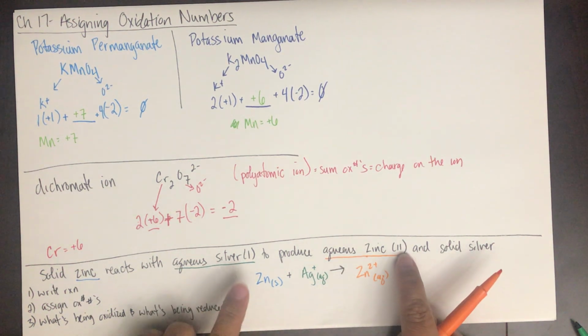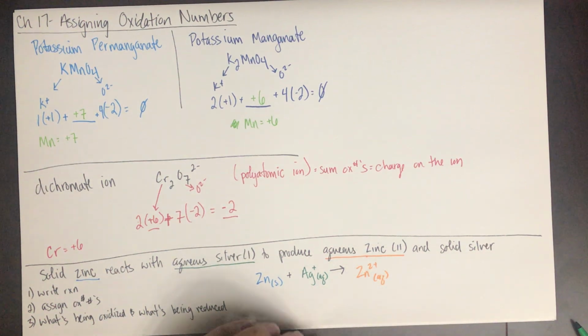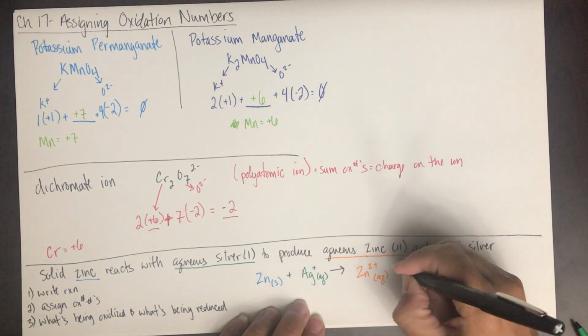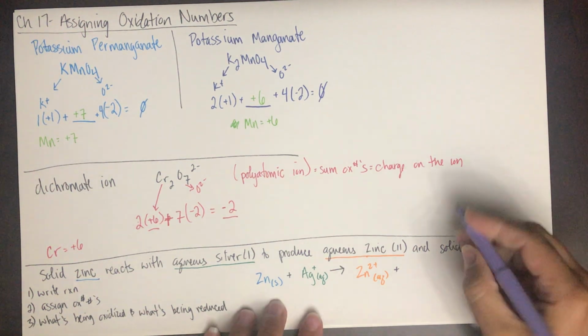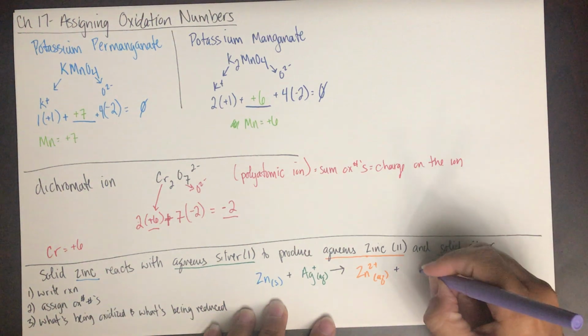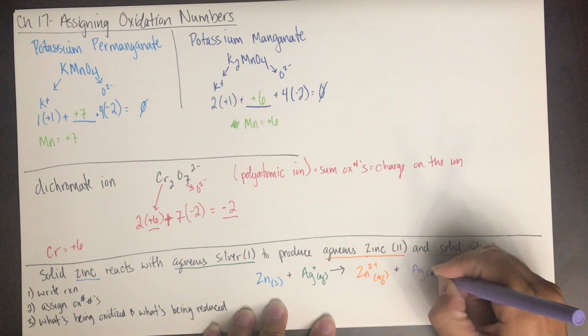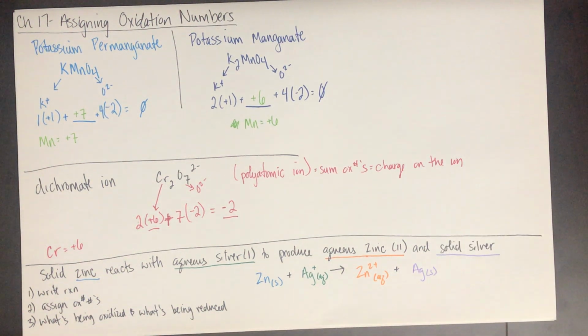Ions are charged. Also, it tells you the number in Roman numerals of what the charge is. It produces aqueous zinc 2 and solid silver. Okay, so that's the equation.